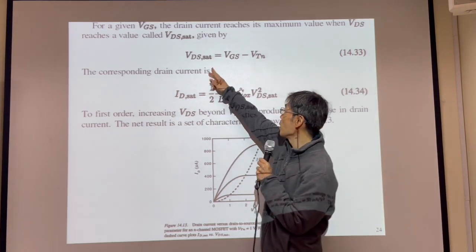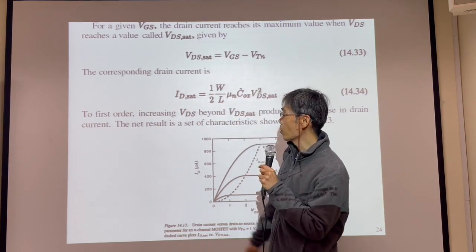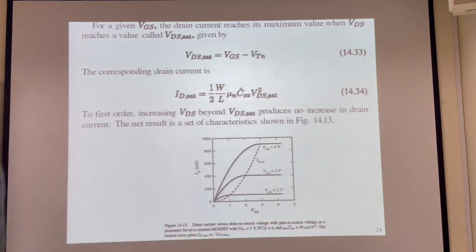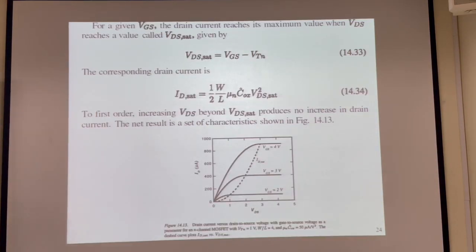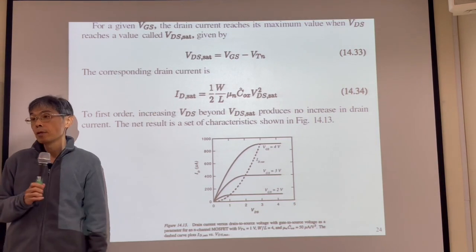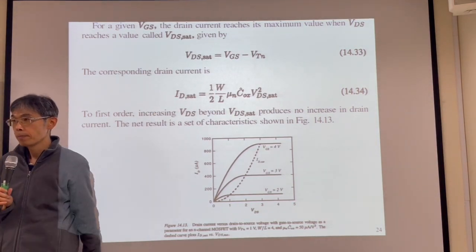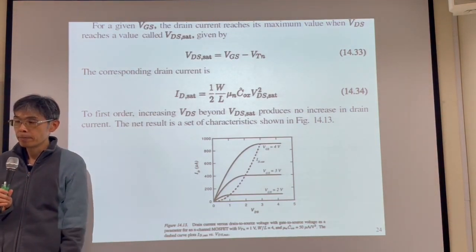If VDS is equal to this value, you can use this equation to get the saturation current. Please do that. Practice, everyone.